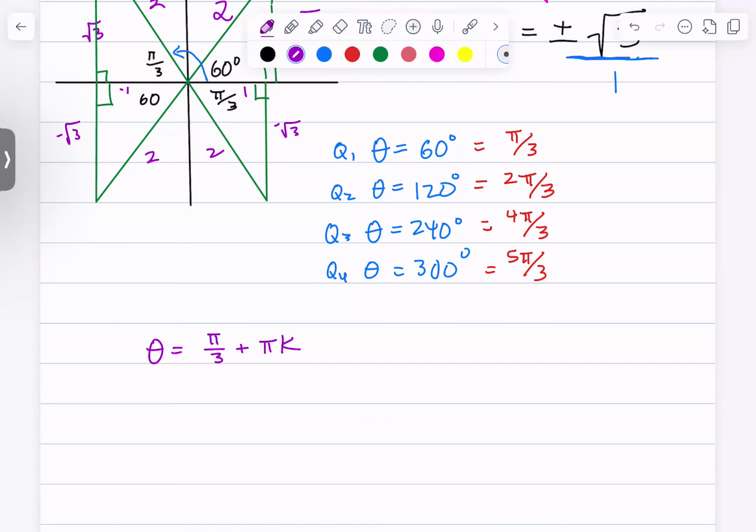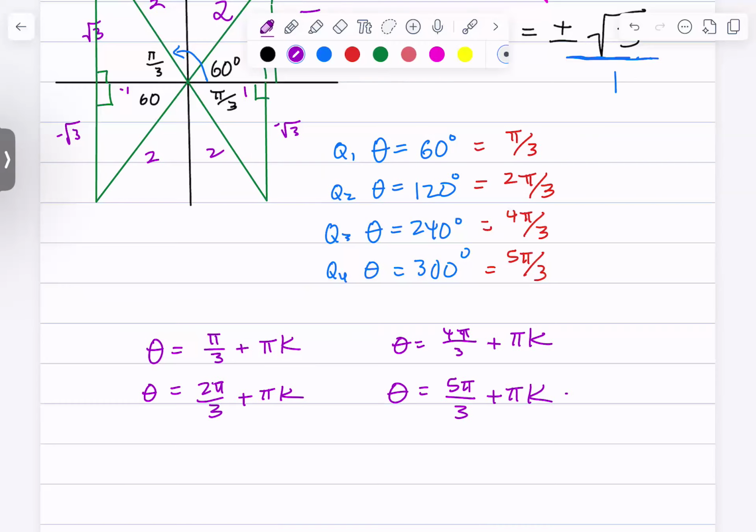So pi over 3 plus pi k, 2 pi over 3 plus pi k, 4 pi over 3 plus pi k, 5 pi over 3 plus pi k.